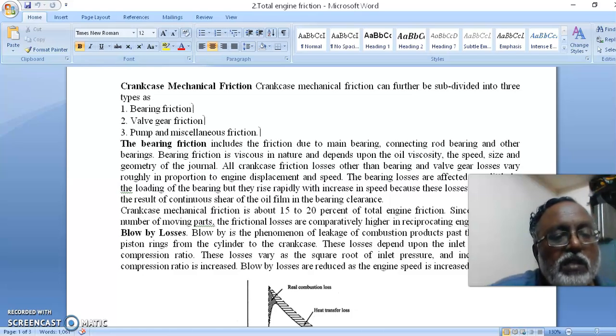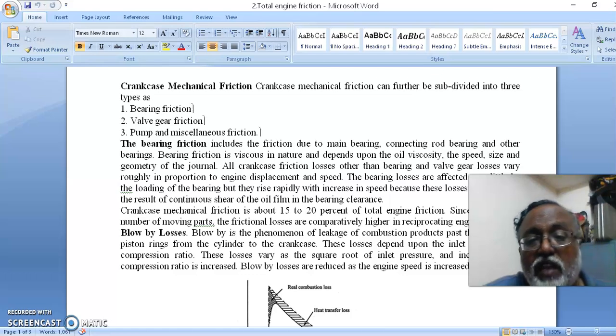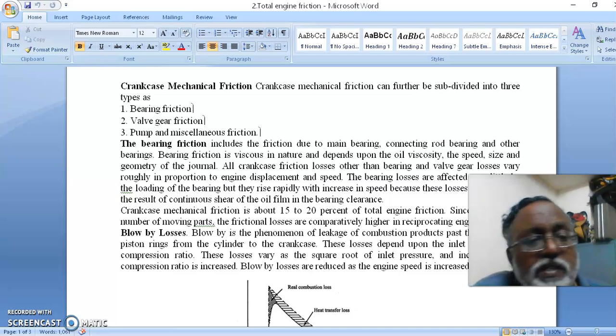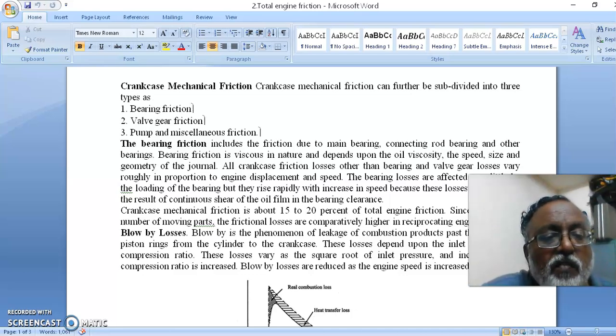The second one is the blow-by losses. Blow-by losses is the phenomenon of leakage of combustion products past the piston and piston rings from the cylinder to the crankcase.